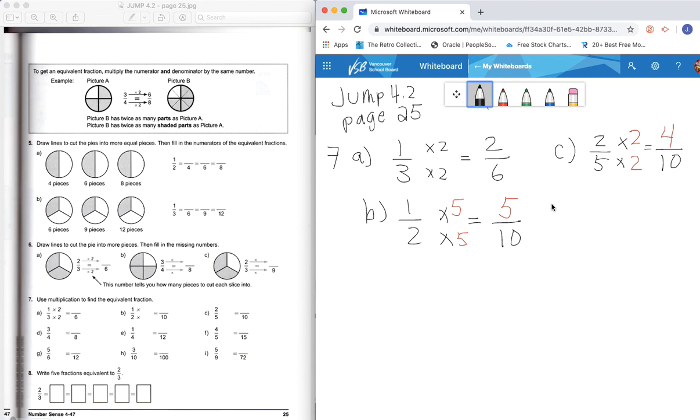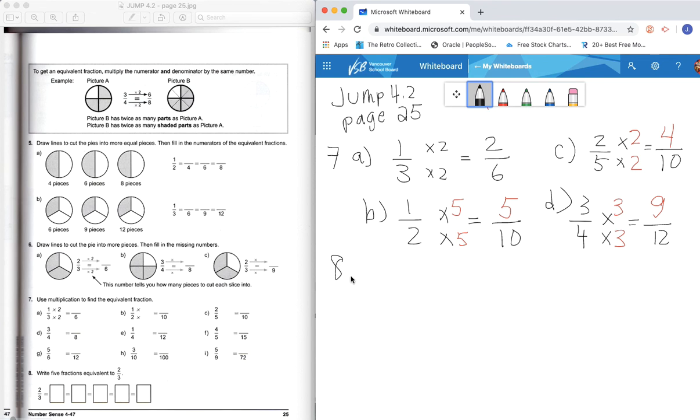Okay, let's do one more together. D, 3/4 times something equals 12. Okay, 4 times 3 equals 12. Whatever you do to the bottom, same at top. So 3 times 3 equals 9. All right, you're in charge of doing the rest of the questions yourself on number 7.